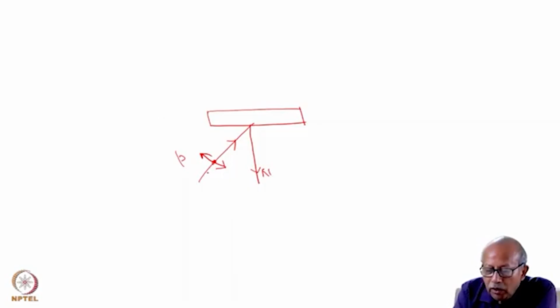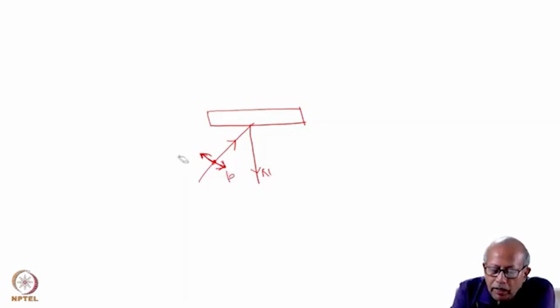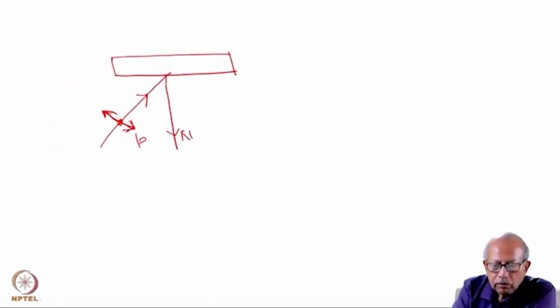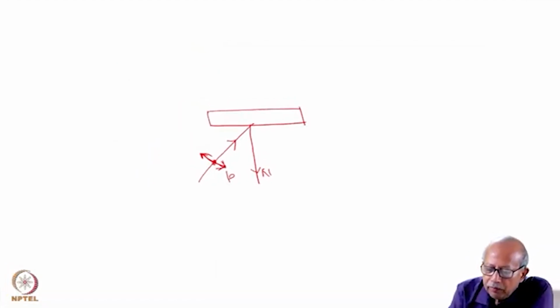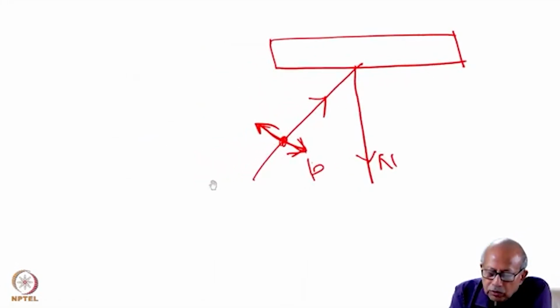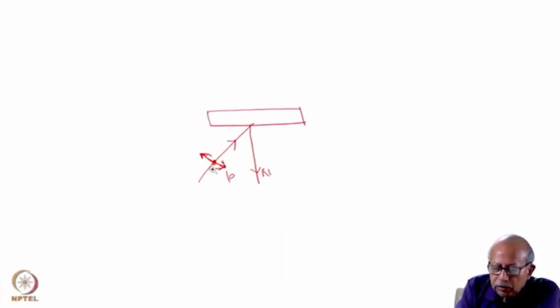This board is the incident plane. So the polarization which lies in this incident plane is called P polarization. And the polarization which is perpendicular to this plane is called S polarization.